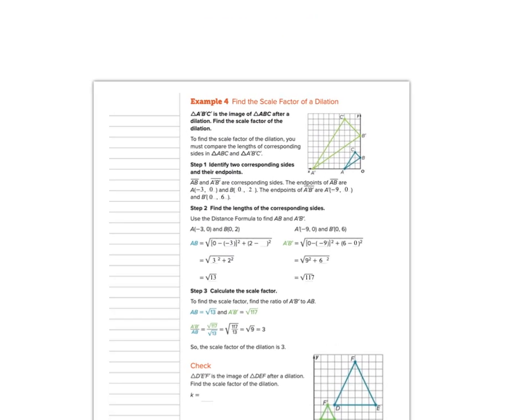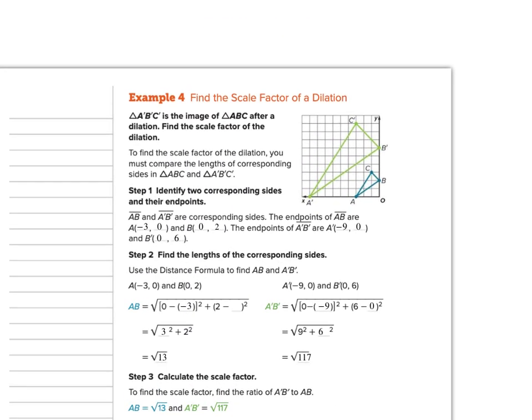Looking here, it says find the scale factor of the dilation, and it tells me that A prime, B prime, C prime is the image of ABC after a dilation. They've gone to a lot of work here. They determined the scale factor between these two points.